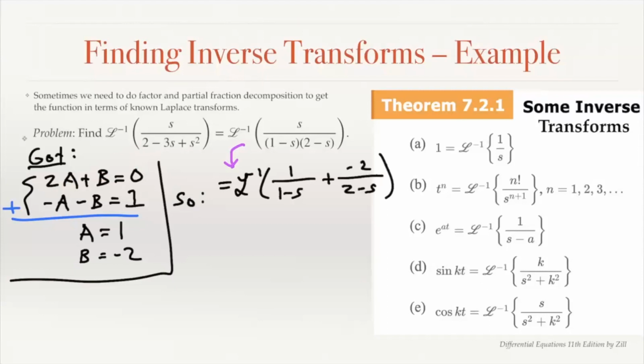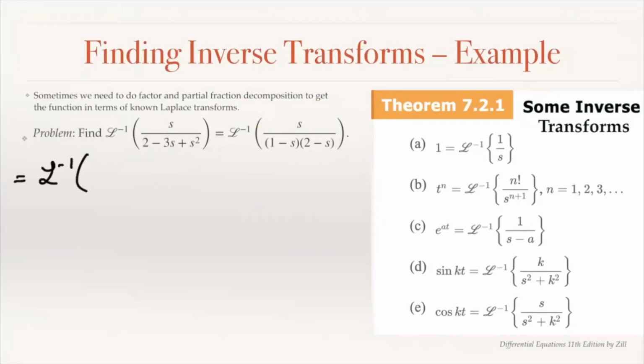And one can always check one's work by combining the fractions together, making sure it's equal to the original. So if one combines them, we have negative 2 plus 2s plus 2 minus s is indeed s up there. Okay, so we've broken this up into two pieces, each of which is much nicer to deal with.